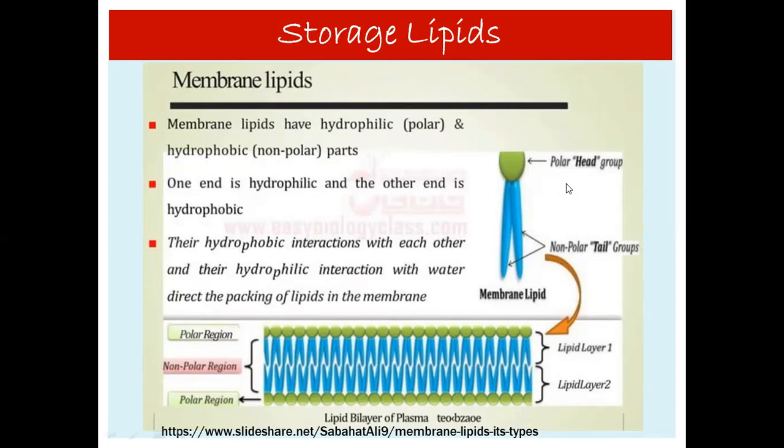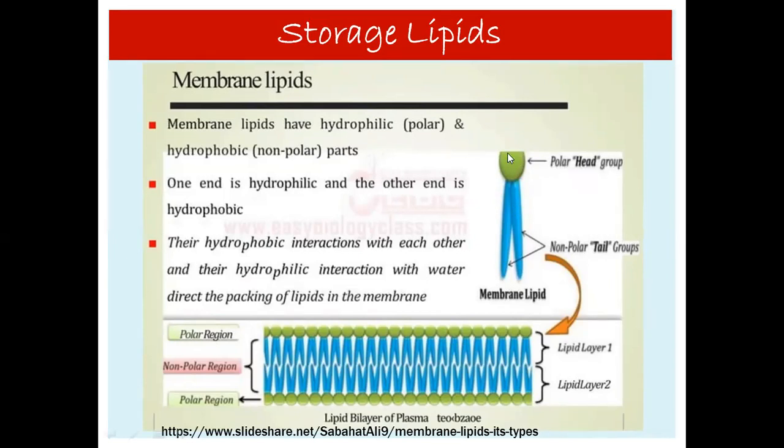You can see this structure here, a schematic representation of one molecule of a membrane-forming lipid. The green head is the polar head group, and the two leg-like structures are called the non-polar tail group.